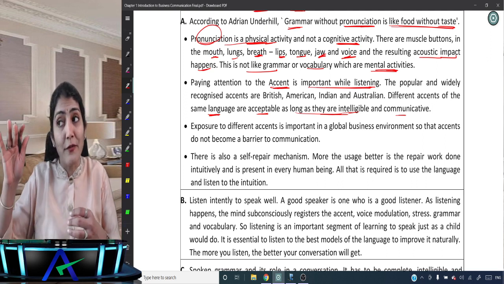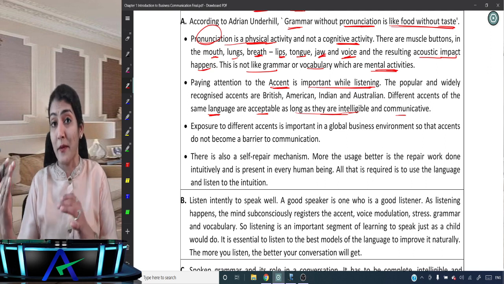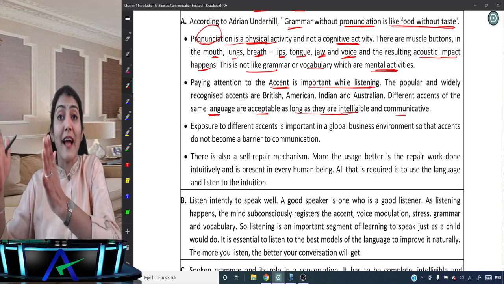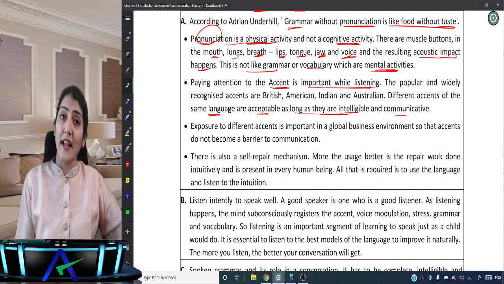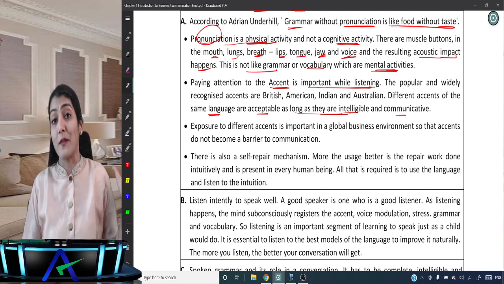You find the South Indian accent over there, and you find the North Indian accent in the English communication also.